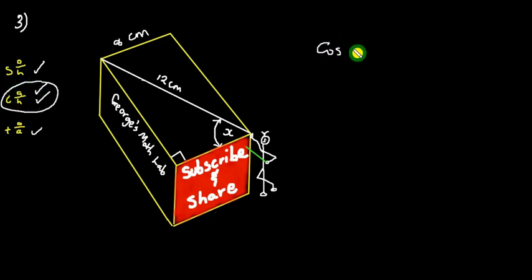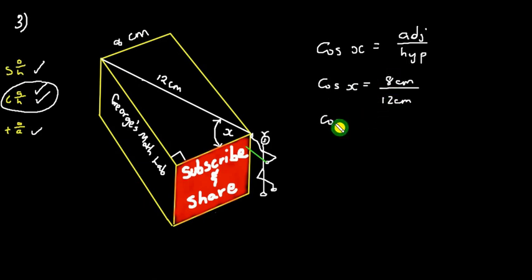And this is what we write. Cos x is equal to the adjacent side divided by the hypotenuse. And then we substitute. Cos x is equal to 8 cm divided by 12 cm.